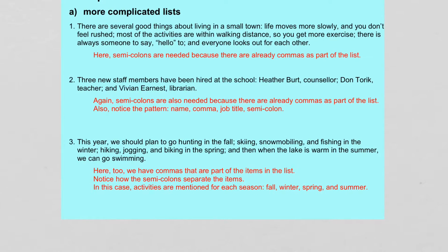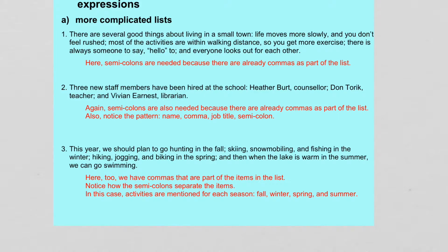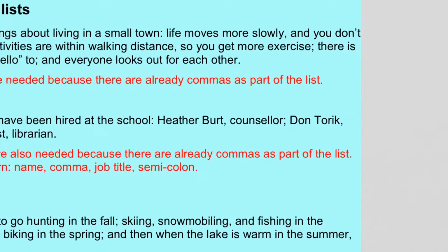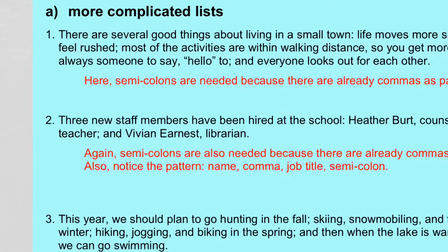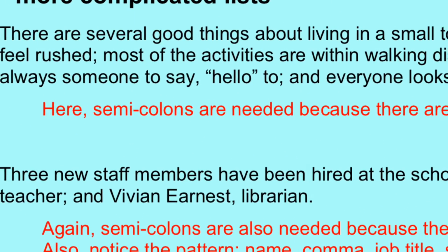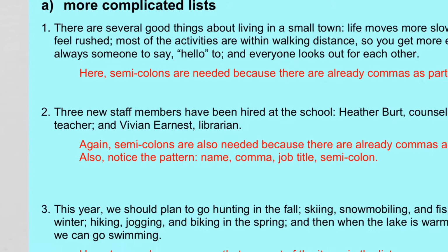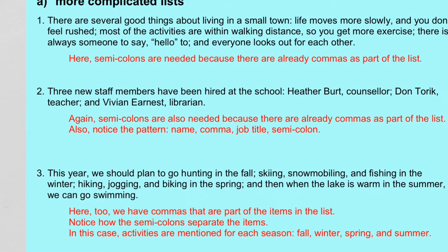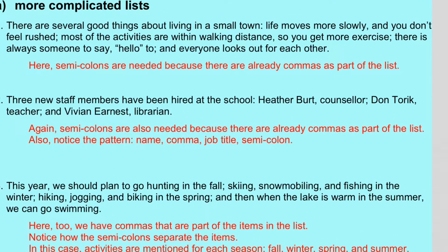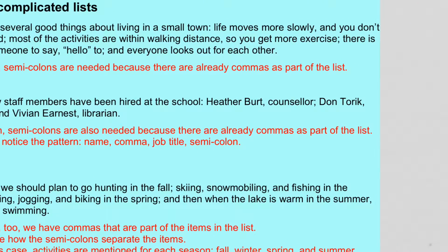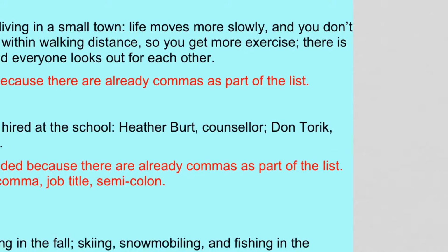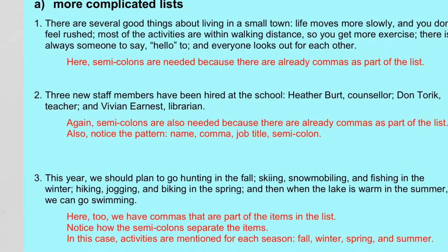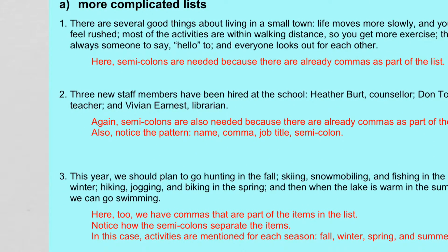And then just in between each thing, you would put a semicolon. So here, life moves more slowly, comma, and you don't feel rushed, semicolon. Okay, that's like saying, this is my first thing that I'm listing, right? And then I keep going. Most of the activities are within walking distance, comma, so you get more exercise, semicolon. And then I keep going. There is always someone to say hello to, right?